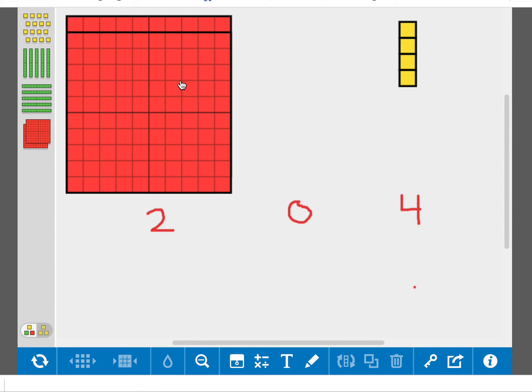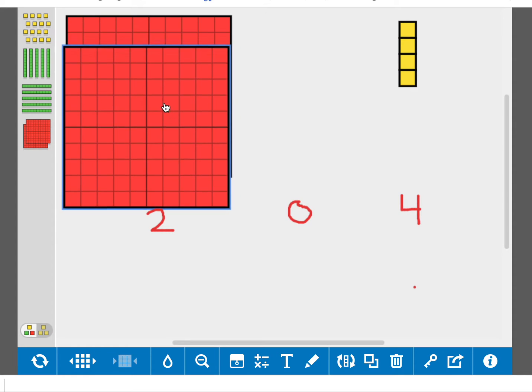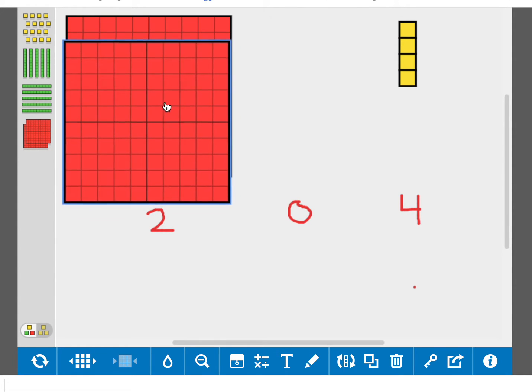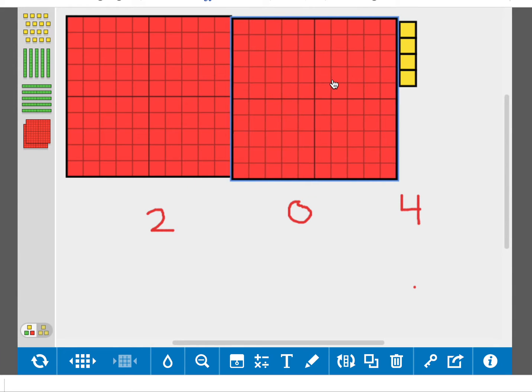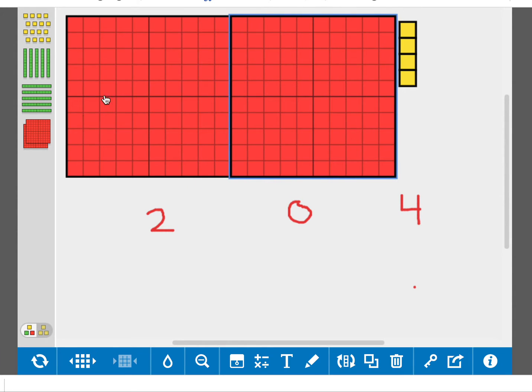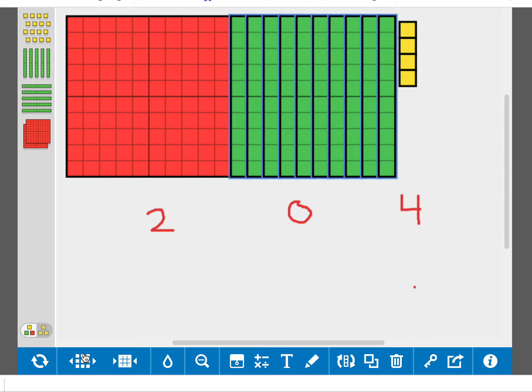So what we're going to do is borrow or regroup or trade a 100s block into the tens place. Now we still have 204. It's just now 1 hundreds block and 10 tens and then still 4 ones.